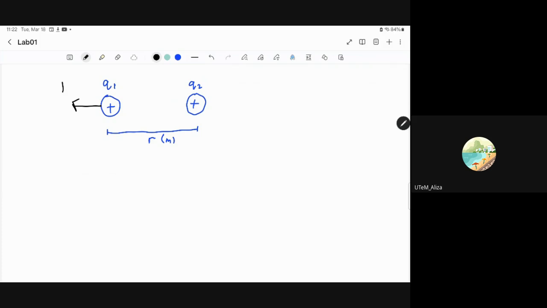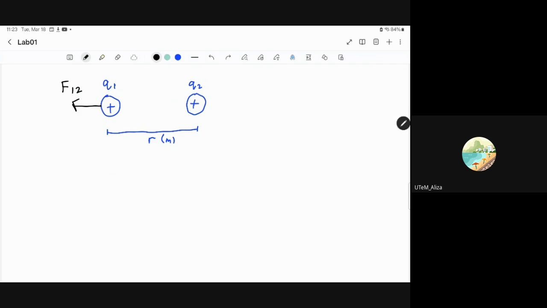This force here, you call it F12, meaning force on Q1 due to Q2. Force on Q1 due to Q2. And Q2 is also experiencing an electrical force because Q1 is near Q2 at the distance r.